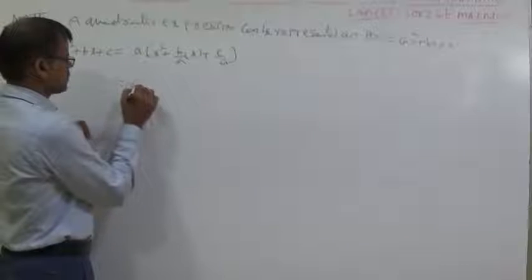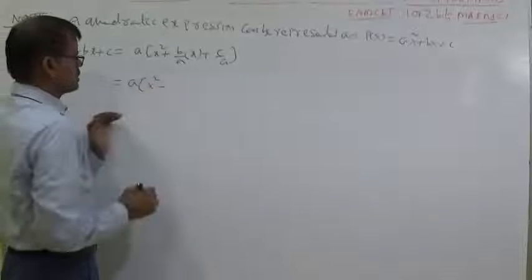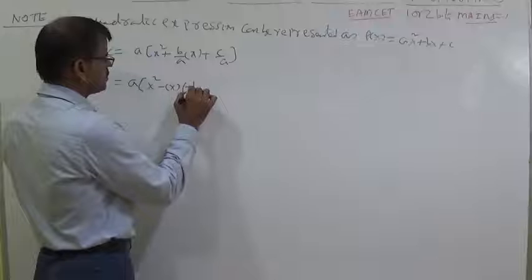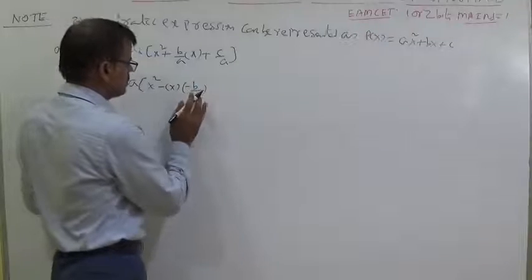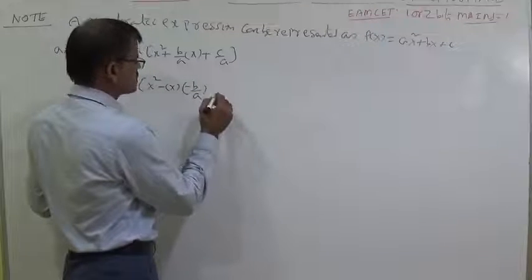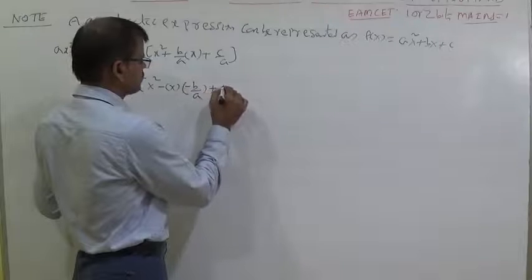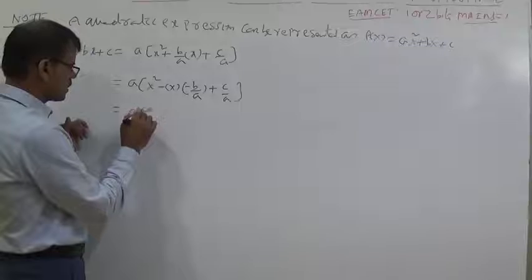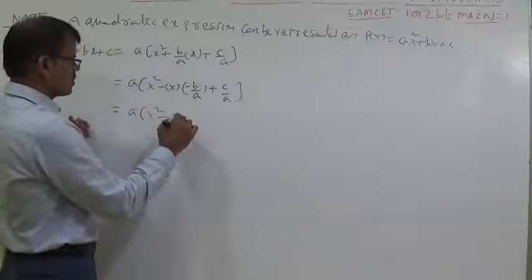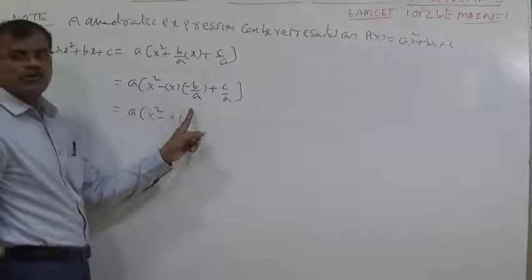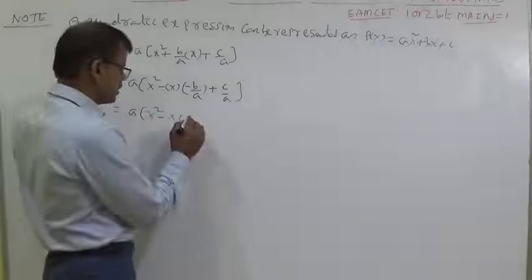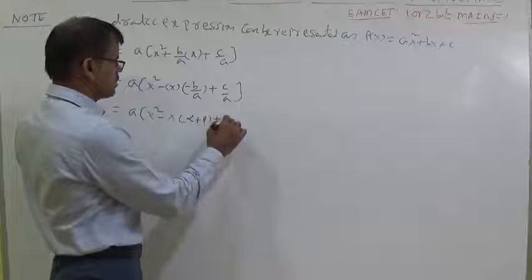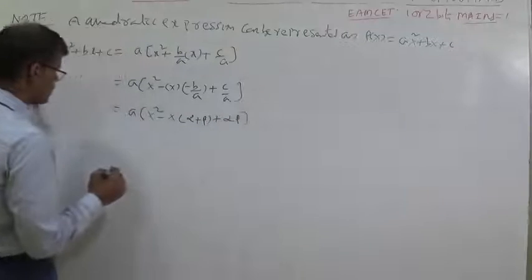In the next step you can write this as x square minus x into minus of b by a plus c by a. We have already proved that minus b by a becomes alpha plus beta and c by a becomes alpha beta.